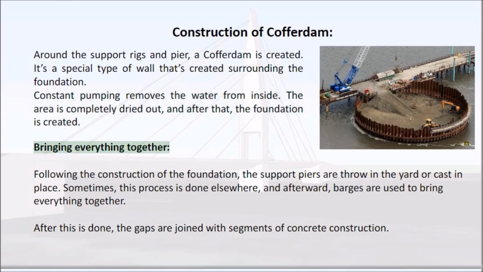Bringing everything together. Following the construction of the foundation, the support piers are either cast in the yard or cast in place. Sometimes this process is done elsewhere, and afterward, barges are used to bring everything together. After this is done, the gaps are joined with segments of concrete construction.